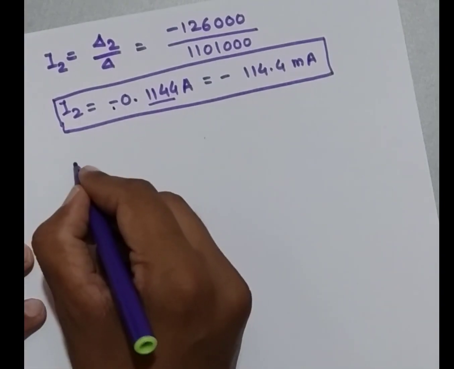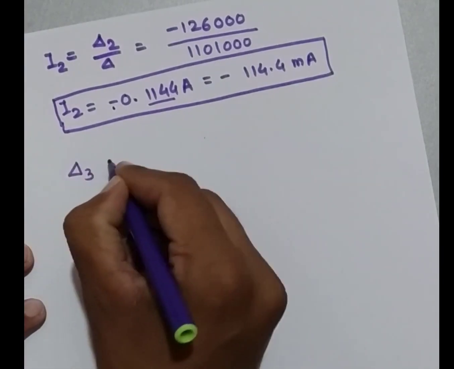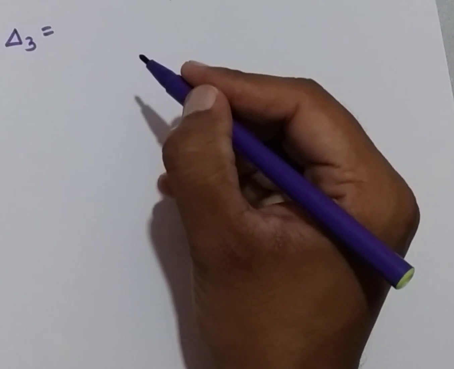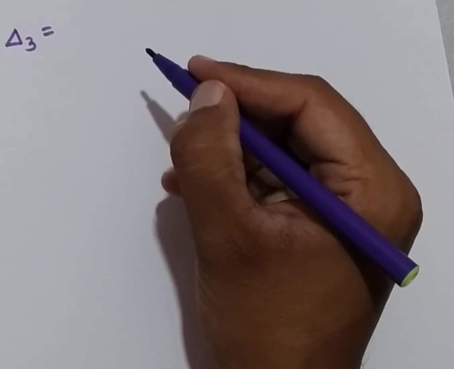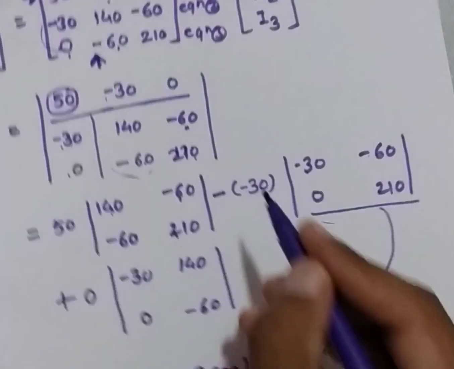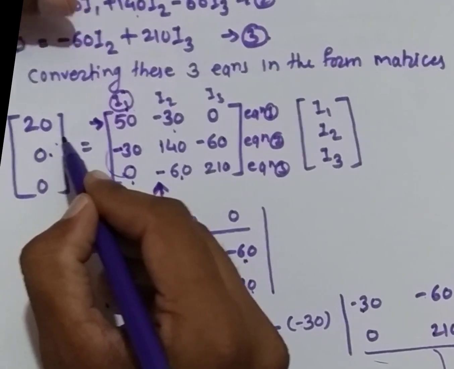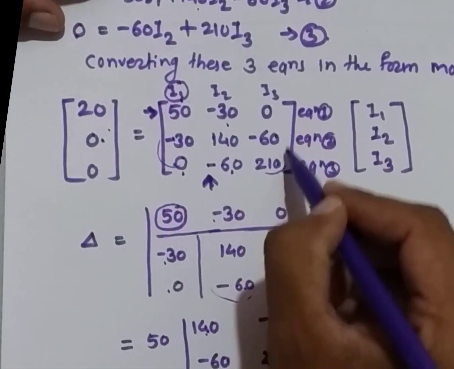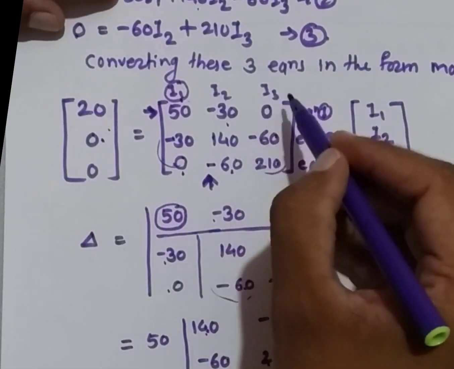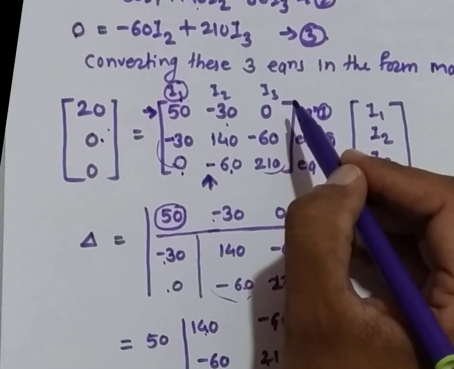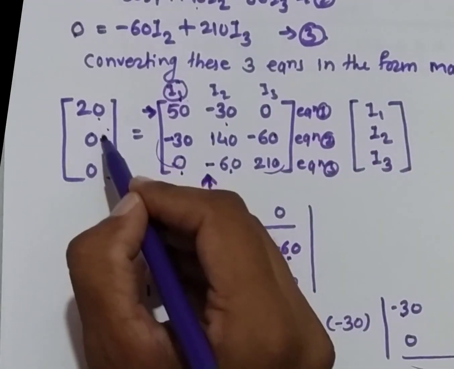Now let us find out delta 3. For what purpose are we finding delta 3? In order to find out the current I3. So what we are going to do is replace the third column by the constant terms.